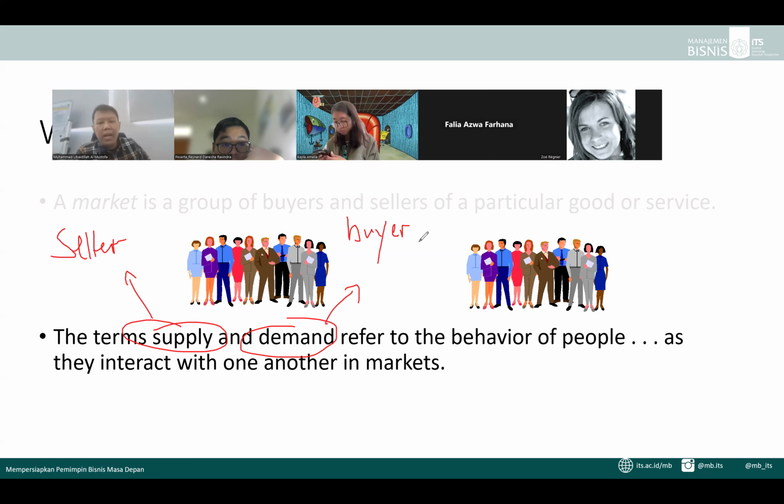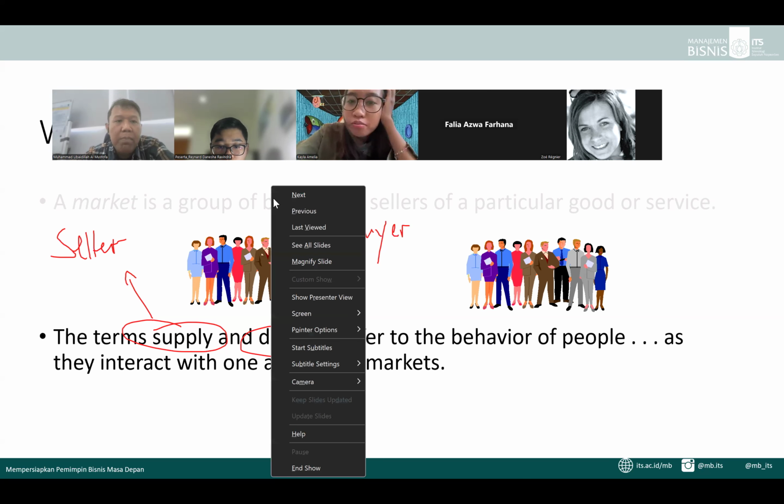So the terms supply and demand reflect the behavior of sellers and also the behavior of buyers. The interaction of supply and demand will make the equilibrium price, and this is what the economics will look like, and we are going to analyze the things that impact the movement of the price.